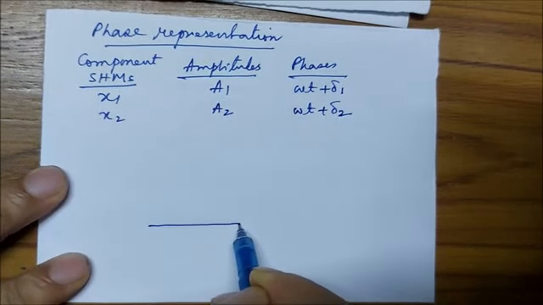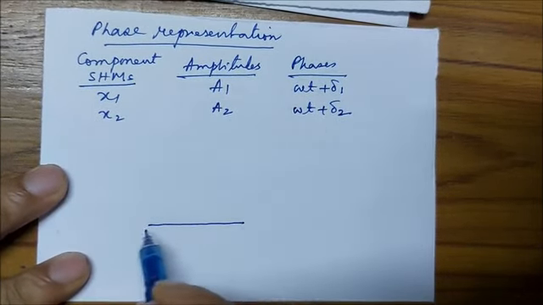So this is, say, the omega t plus 0 line or the omega t line.